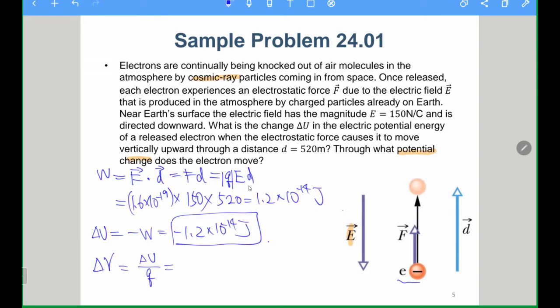Okay, so we have delta U is negative 1.2 times 10 to the minus 14, and here we have negative 1.6 times 10 to the minus 19. So delta V will be 4.5 times 10 to the 4th volt, or you can write it as 45 kilovolt.